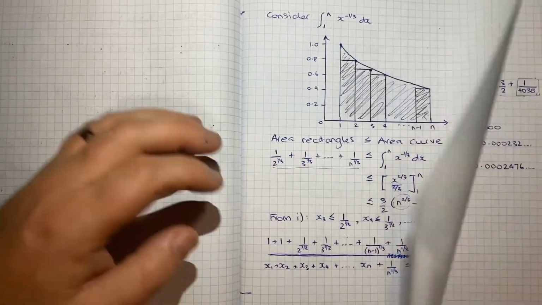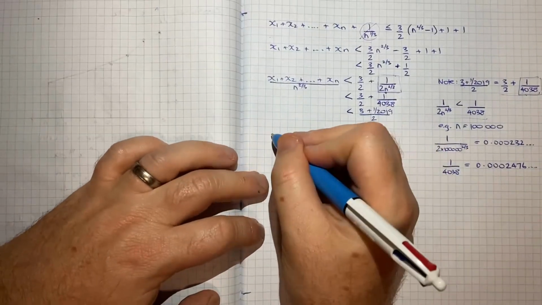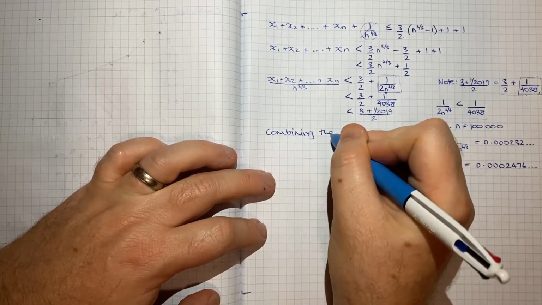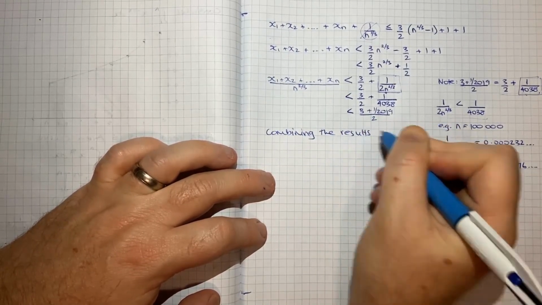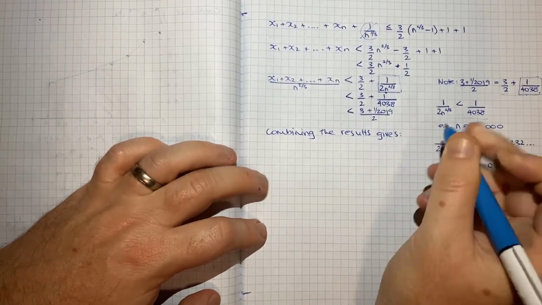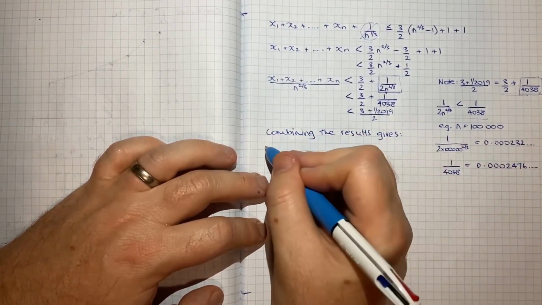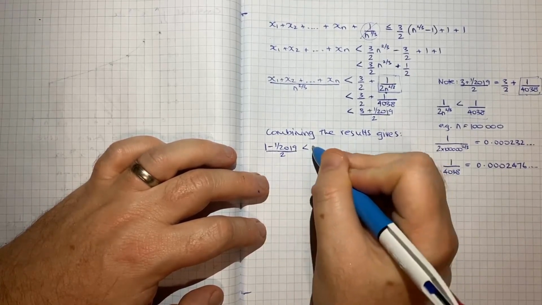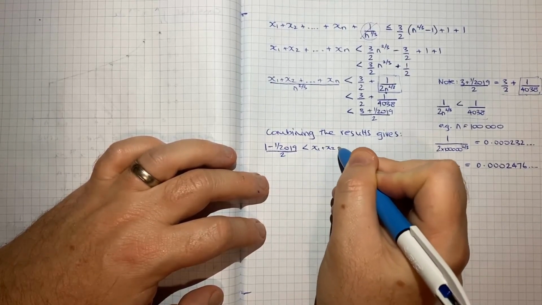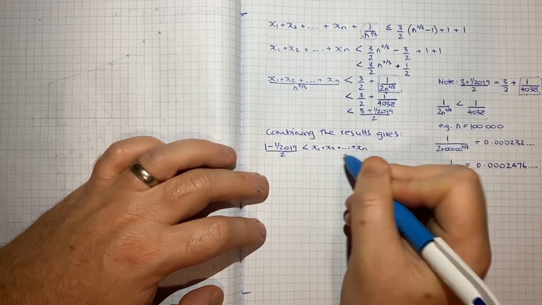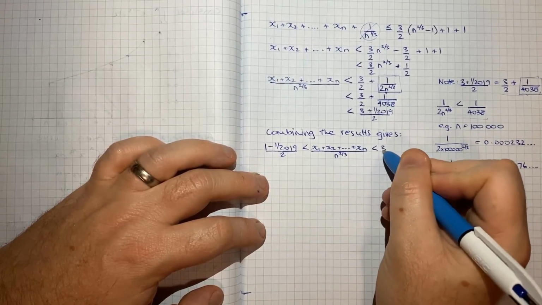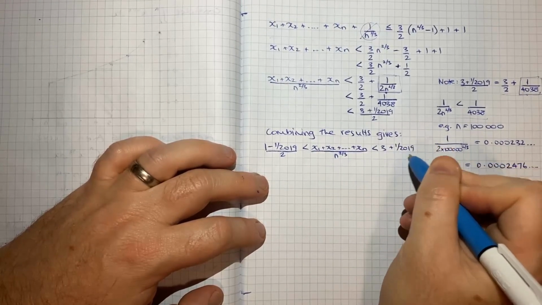So just to finish this off, I'll say combining the results gives, and we'll have 1 minus 1 on 2019 on 2 less than x1 plus x2 all the way up to xn on n to the 2/3 less than 3 plus 1 on 2019 on 2.